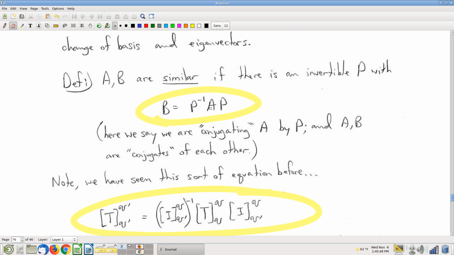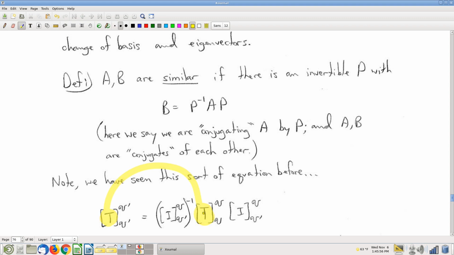So specifically, if you have some linear transformation T, and if you know how to represent the linear transformation with respect to the script V basis, and you want to know how to write it with respect to the script V prime basis, well, the way you do that is by this little formula, which you notice is a conjugation, right?